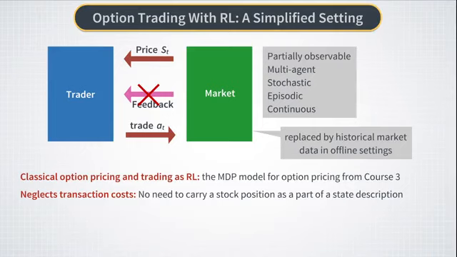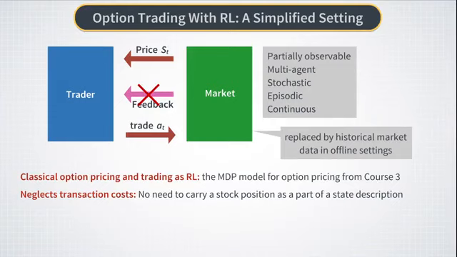And because stock trading is assumed to be costless, holding n stocks with market price ST is completely equivalent to holding the amount n times ST of cash. Now, from the perspective of reinforcement learning, it means that we do not have to keep the stock holding XT, in this case, as a part of the state vector.